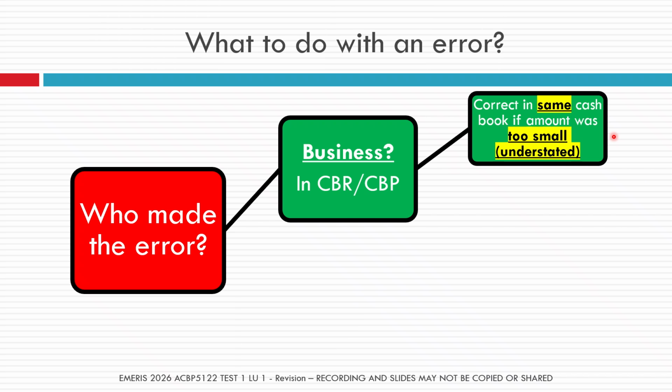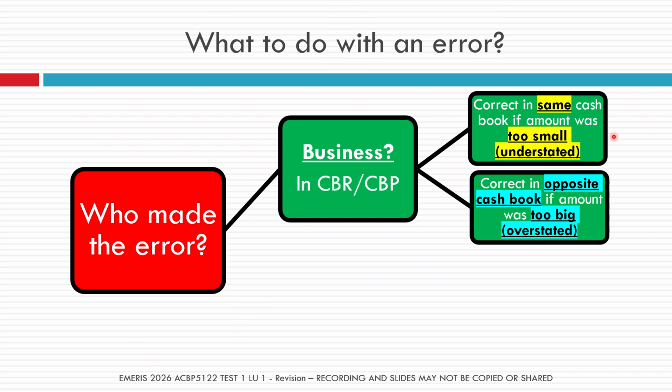Is the amount that was recorded in the cash book understated, or is the amount recorded in the cash book overstated? If the amount was understated, in other words, the amount was too low or too small, then we're going to do the correction in the same cash book.